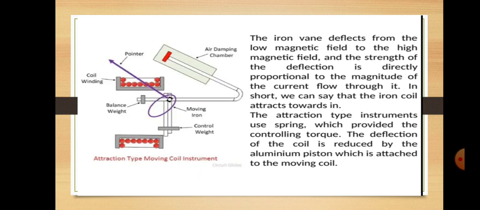Here the attraction phenomenon is occurring and the strength of the deflection is directly proportional to the magnitude of the current flowing through it. So when the current is applied through the coil, the magnetic field is produced and the deflection occurs in the pointer. In short, we can say that the iron vane is attracted towards the coil.